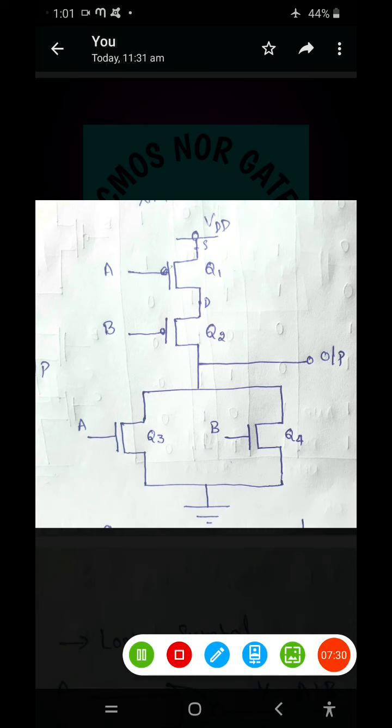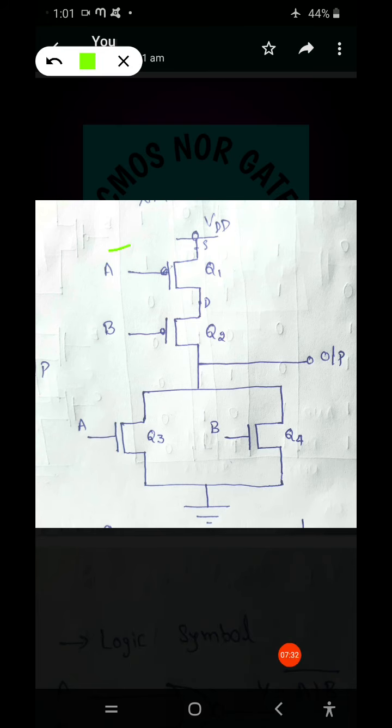And similarly, the next, third condition, whenever A equal to 1 and B equal to 0. Here also A equal to 1, B equal to 0. So what will happen now? Q1 will be off, right? So Q2 will be on. Here Q3 will be on, Q4 will be off because they are NMOS transistors.